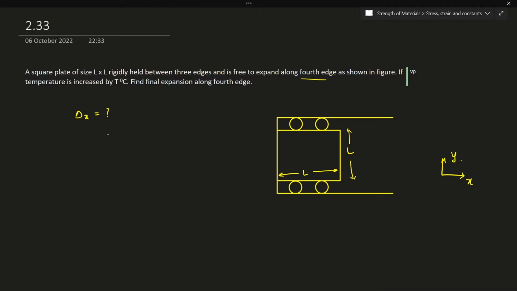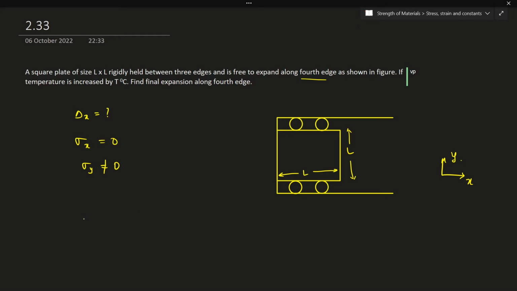First of all, will there be any stresses in the x direction? Delta x will be equal to 0 because there is no fixed end. So this material will be free to expand in the x direction, therefore the temperature stress in the x direction will be equal to 0, but in the y direction it is not equal to 0 because it is rigidly fixed.